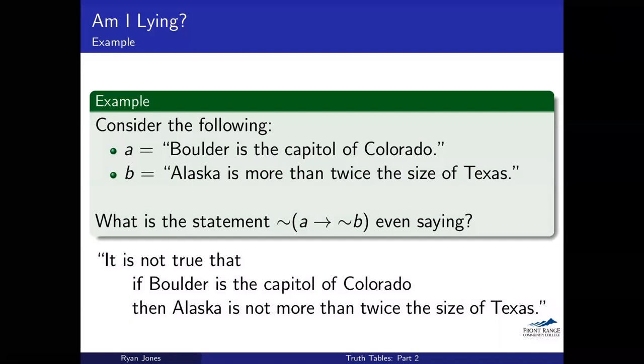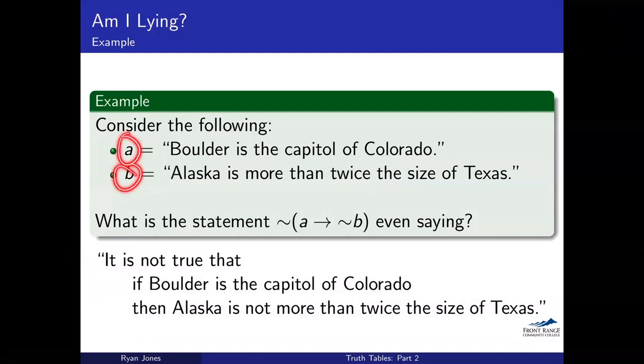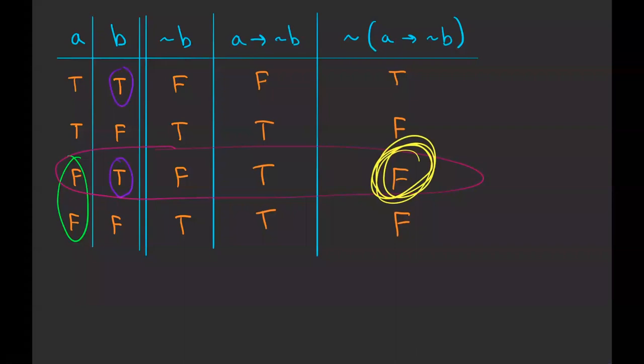This statement here that I've written out, this big old ugly statement, is false, because we know that A and B are false and true respectively. If you didn't know that this was the row you were looking at, you've got the rest of them. And so boom, you know whether that big compound statement is true or false, depending on the values of A and B.